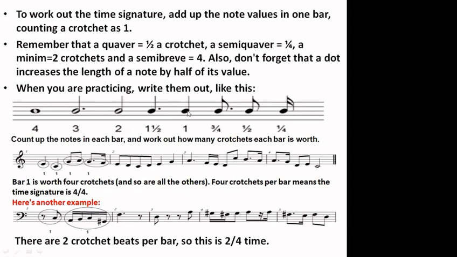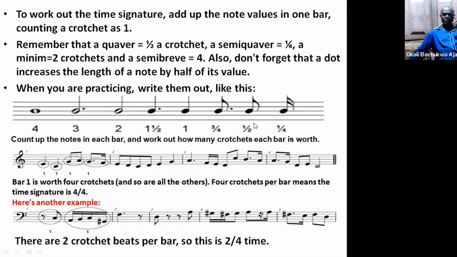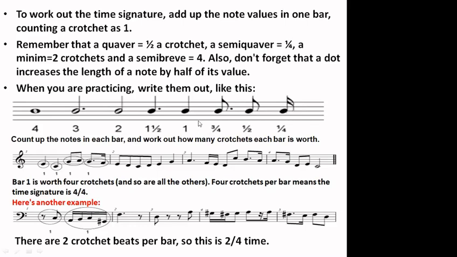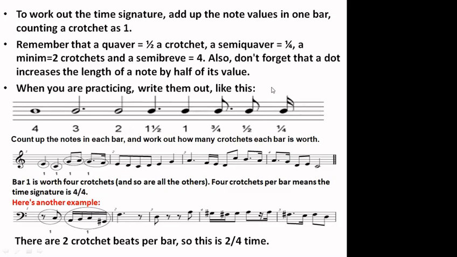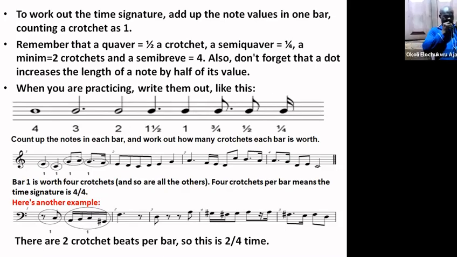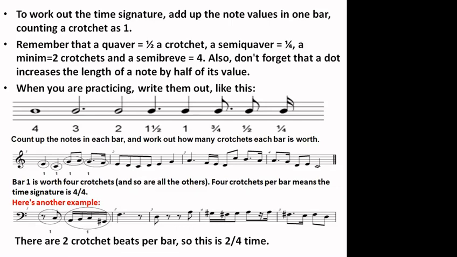This is one crochet on its own. A dotted quaver is 3/4 because it is a quaver plus a semiquaver. So a dotted quaver is 3/4 of a crochet. A quaver is half of a crochet, and a semiquaver is a quarter of a crochet.